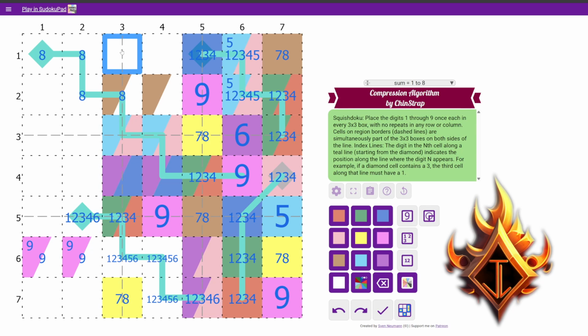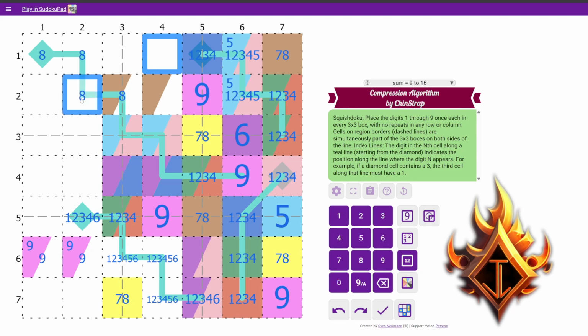No, maybe not. Oh, but look here. Oh, no. Oh, that's close, though. If this was dark purple, it rules out everything but that.